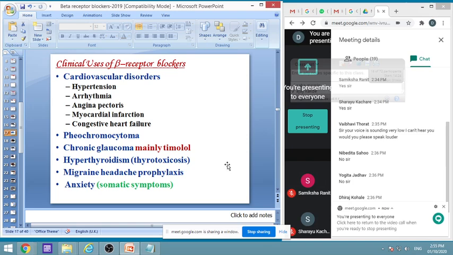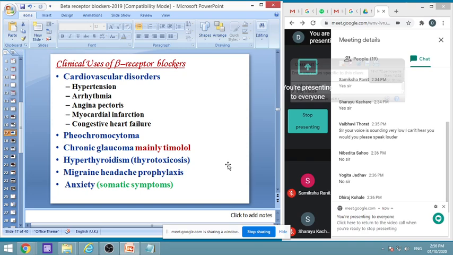In hyperthyroidism, if you read the endocrine system, I told you after CVS we will go for endocrine, you will realize that whenever there is hyperthyroidism, it causes more sensitization to sympathetic activity.